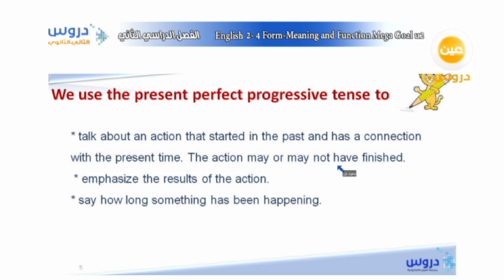The action may or may not have finished. Okay? May or may not have finished, still learning English, for example. Emphasize the results of the action, say how long something has been happening. Okay.